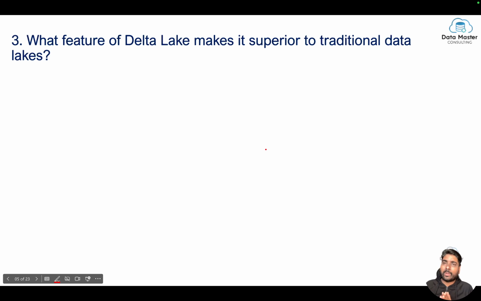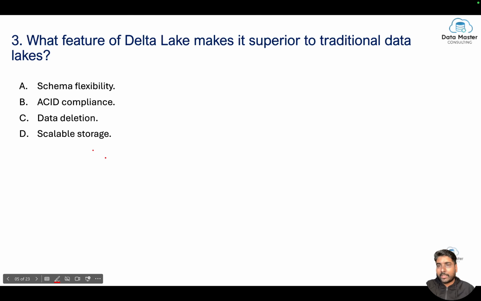There is Iceberg also, but this certification focuses just on Delta, not on the other formats. So they are asking what feature of Delta Lake makes it superior to traditional data lakes. As I mentioned, data lakes do not support ACID, but your lakehouse does, and that is only possible because of Delta Lake.